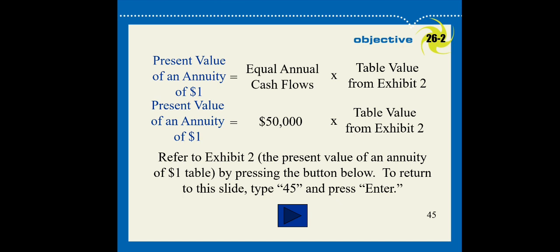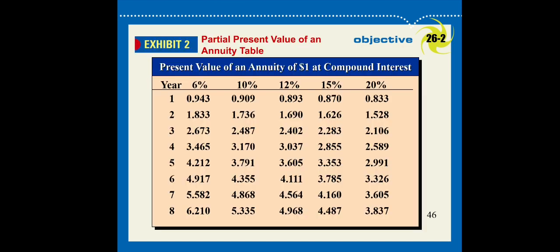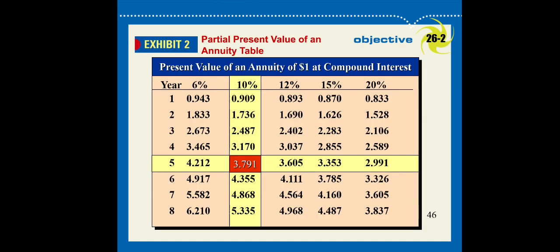Okay, see here, equal annual cash flow, so you use the annuity table. So this is the annuity table. See here, the year is 5, and the rate of interest is 10%. So the number relevant for the calculation is 3.791.